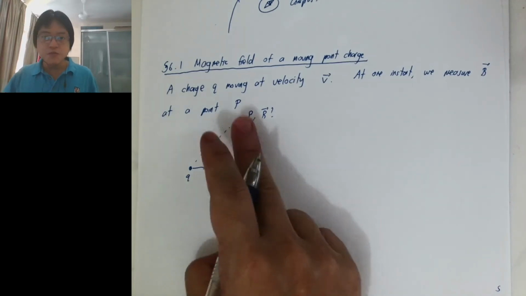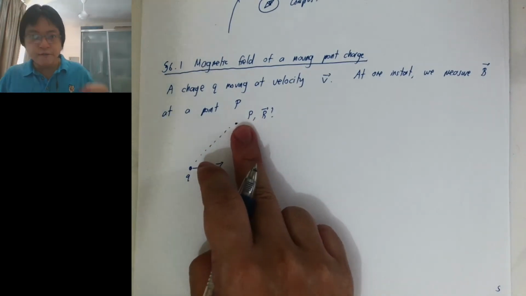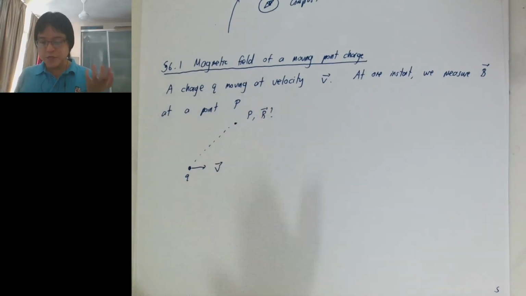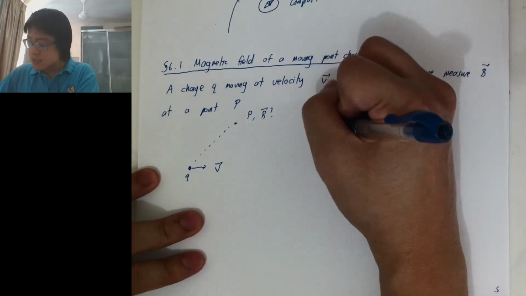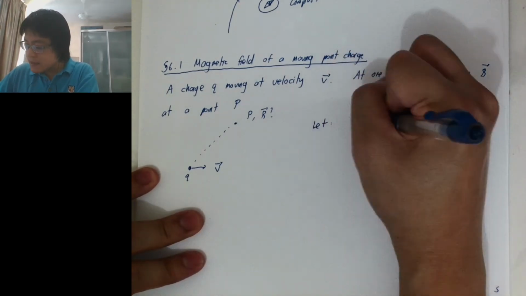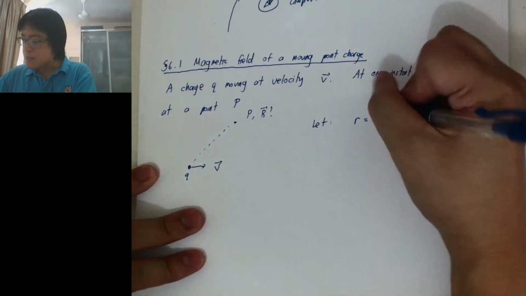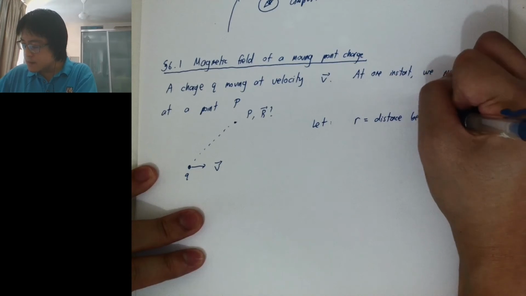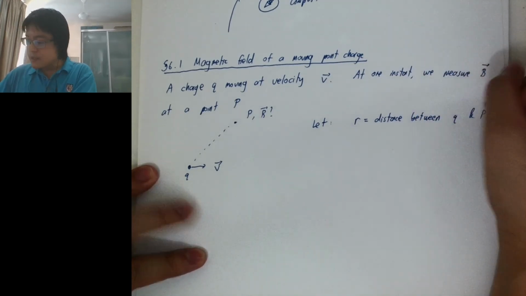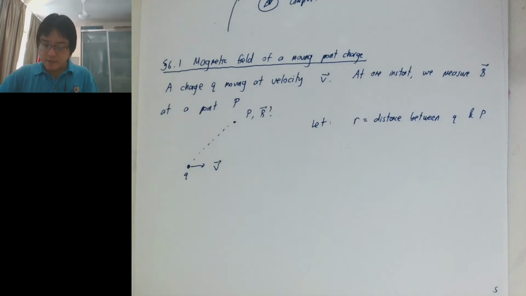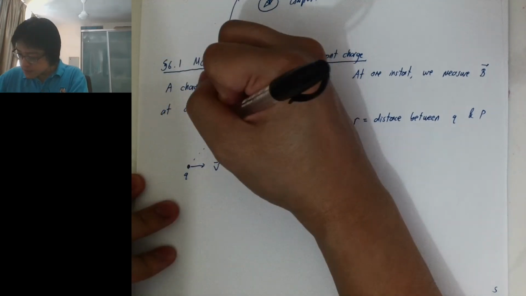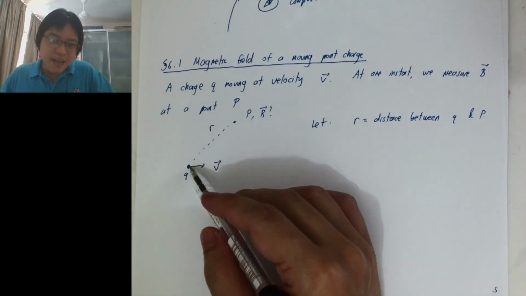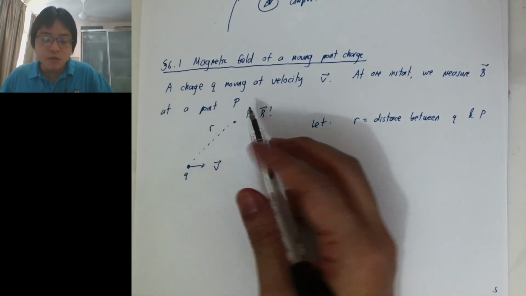So at point P, what is the magnetic field over here? In order to calculate it, I want to give you a law that is something similar to Coulomb's law. Similar, but a bit tricky. So let us define a few quantities first. This part is similar to Coulomb's law. This is the distance between Q and P, so the distance from here to here is r. Also similar to Coulomb's law, the direction now will be important.